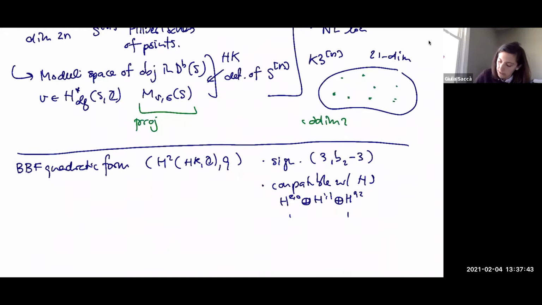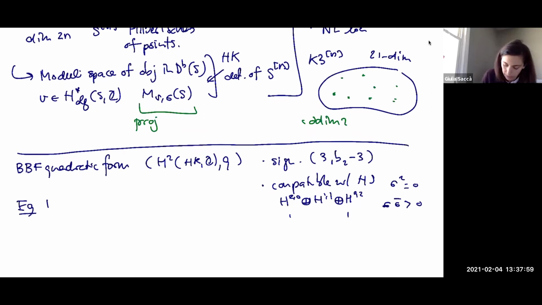And so in particular, if sigma is the symplectic form, it's isotropic with respect to the quadratic form, and sigma times sigma bar is positive.